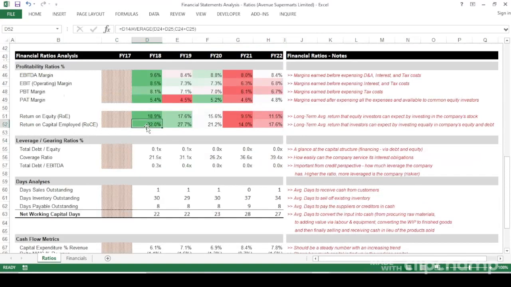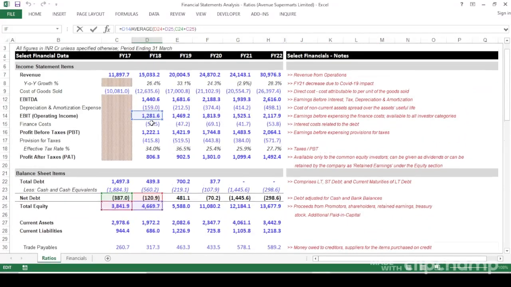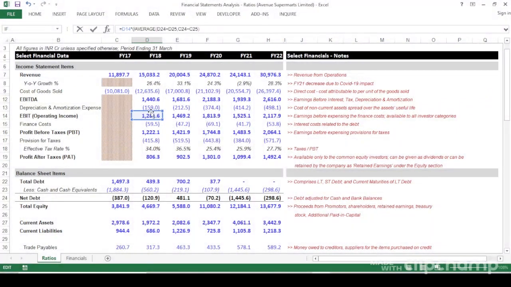Here on the return on capital employed, I also wanted to talk about one more thing. Since I have computed return on capital employed on the basis of EBIT or the operating income, I'll also take into consideration the tax rate here. So if I want to see how much post-tax return on capital employed I am going to generate, for that I'll say EBIT into bracket 1 minus the effective tax rate.